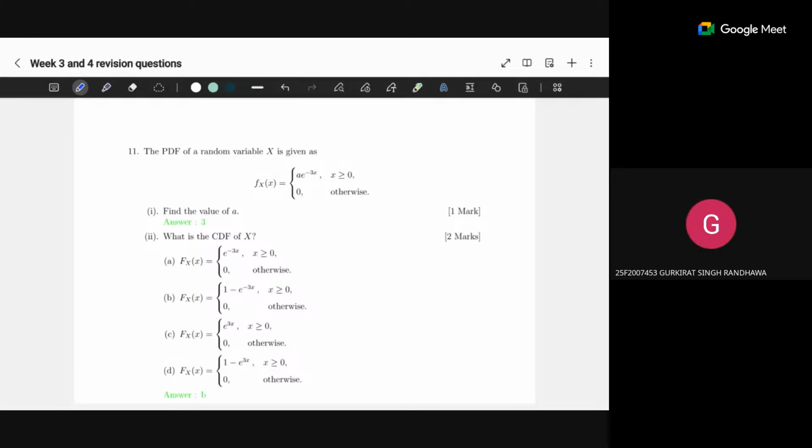Ma'am, what's the lower limit? My lower limit is 0, right? Upper limit is infinity. Correct.